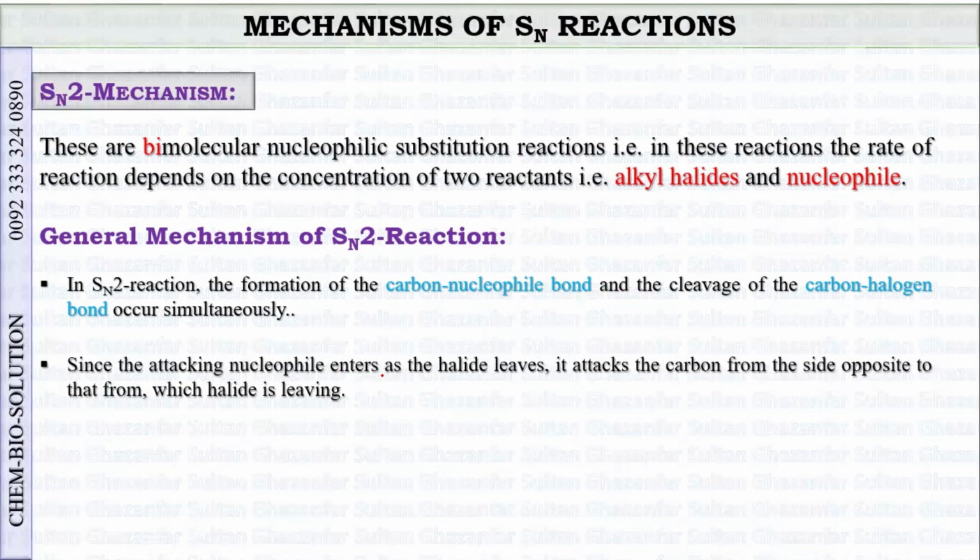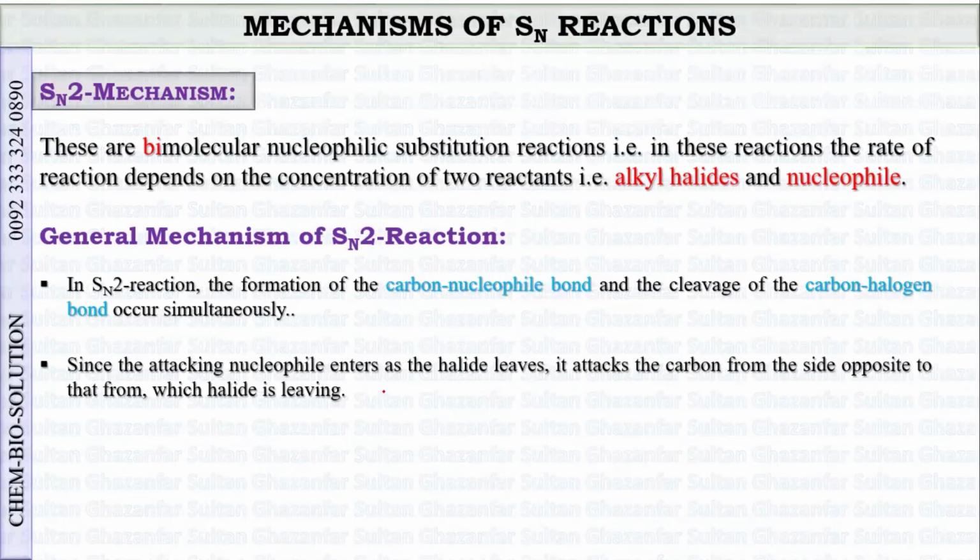Since the attacking nucleophile enters as the halide leaves, it attacks the carbon from the side opposite to that from which the halide is leaving. If we focus here, we can understand that primary alkyl halides are favorable for such a mechanism.